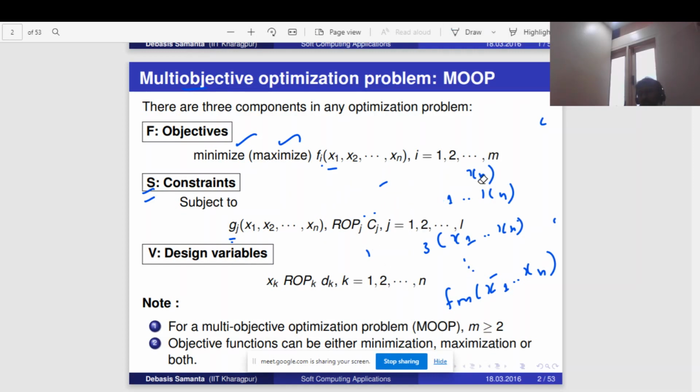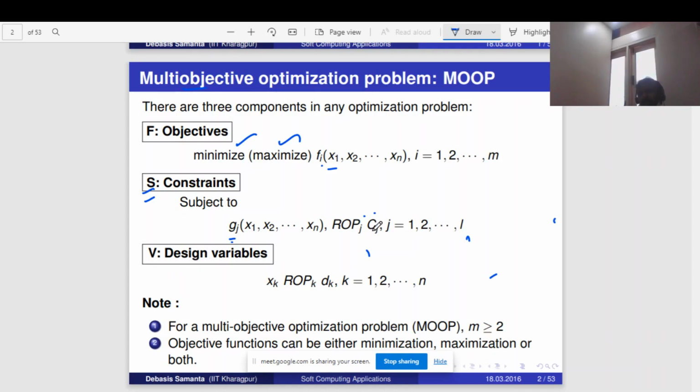This constraint normally works on some constant with ROP. ROP is a relational operator, right? So there will be many constraints, just like there are different objective functions. For each of the objective functions, there will be a constraint represented using the function g, and there will be some number of design variables.